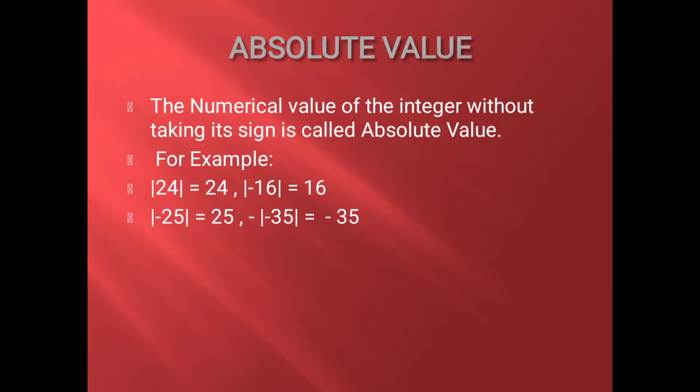Here the negative symbol is there, so the absolute value of minus 16 equals 16. Then another example, the absolute value of minus 25 equals 25. Here there is a negative symbol, so absolute value means you must write positive 25.